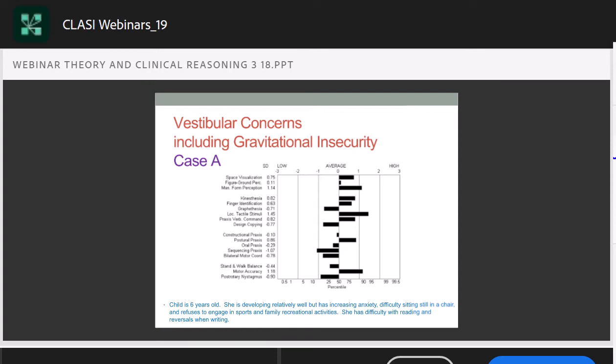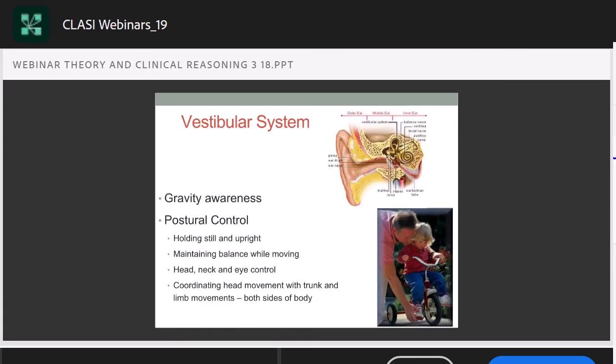and that's based on the research in this pattern showing the kids are relatively typically developing, but they have low scores in significant areas, including postrotary nystagmus, standing walking balance, bilateral motor coordination, and sequencing praxis. And this child has that profile. Now, we need to know a lot about the vestibular system in order to understand how those things might affect this particular child. Now, this particular child had gravitational insecurity, and the vestibular system helps us to know about gravity.